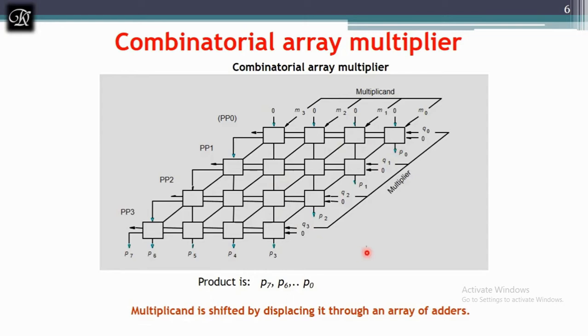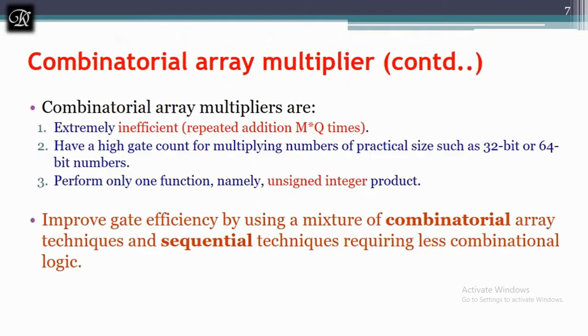We got 16 circuits only for 4x4. And what if it is a 64 bit, 32 bit, 256 bit or 512 bit operation? Then the number of combinational circuits required will be more, and it is very difficult to design the hardware for that.